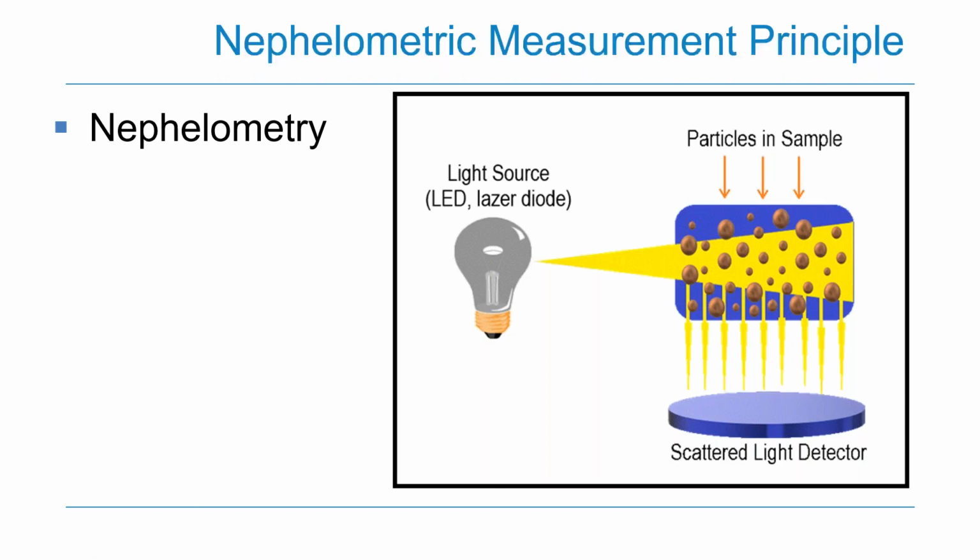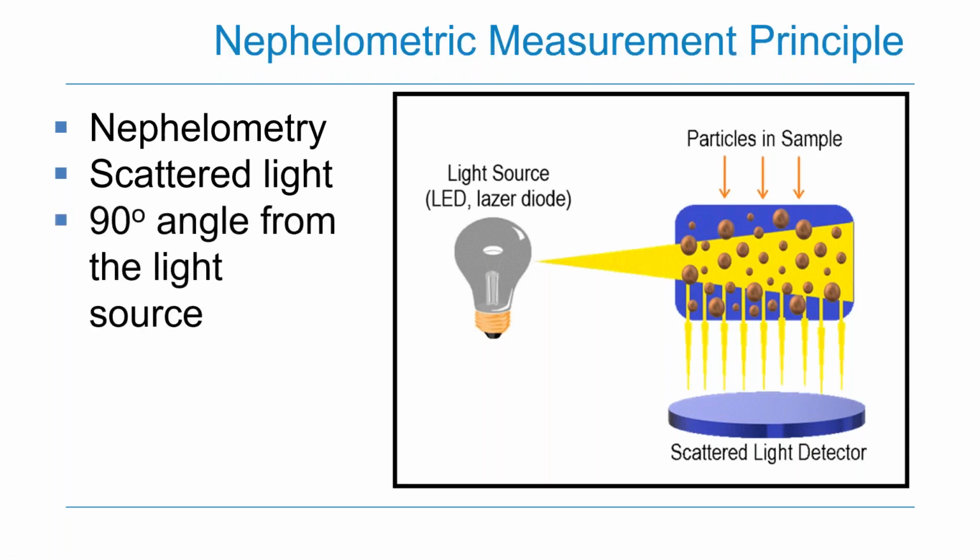Because of those different particle sizes, research showed that measuring at a 90-degree angle from the light source is considered to be the least sensitive to variations in particle size. Now remember, we're not measuring attenuation, that is how much light is absorbed by the particles, although that does impact the result.